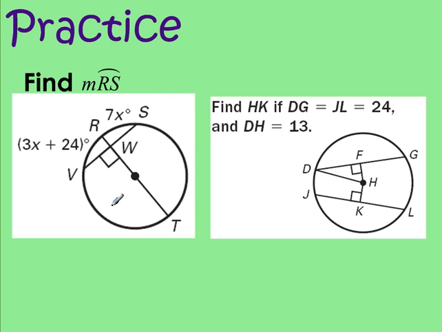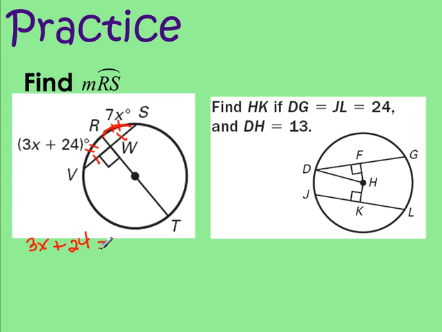Here's a couple practice problems. And for this first one, we need to find the measure of arc RS. Well, if we go back to one of our previous theorems, it says that if we have a diameter that's perpendicular to another chord, it's going to bisect that chord and its corresponding arcs. So because of that, we can set these 2 measures equal to each other to solve for x, which will help us to solve for the measure of arc RS.